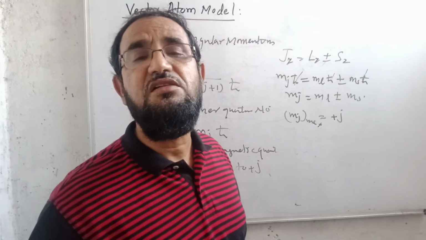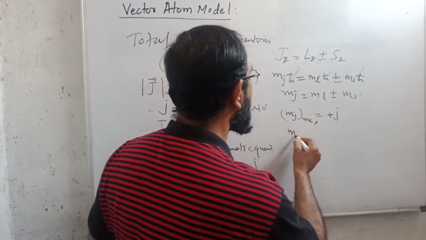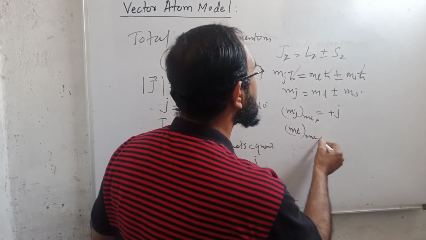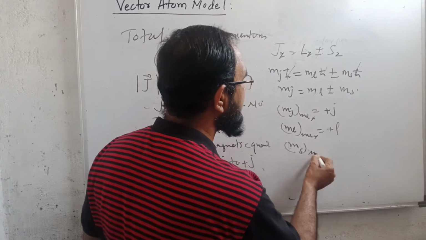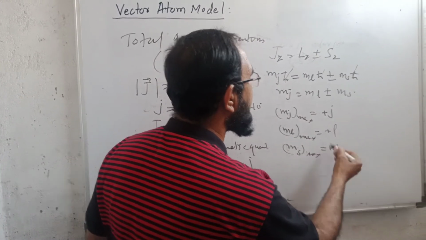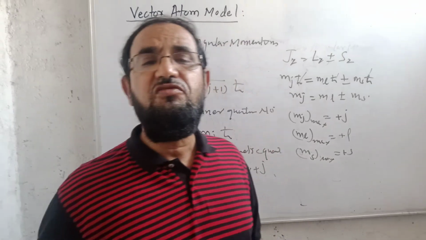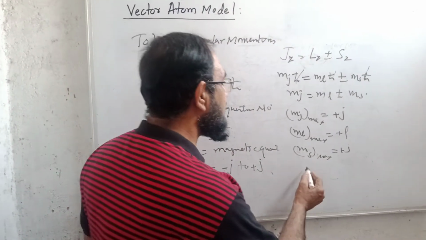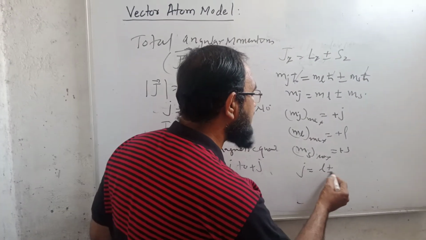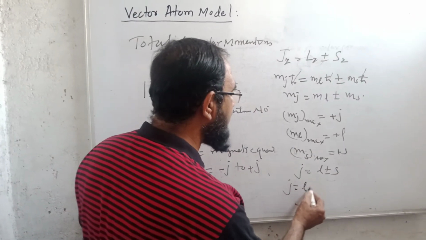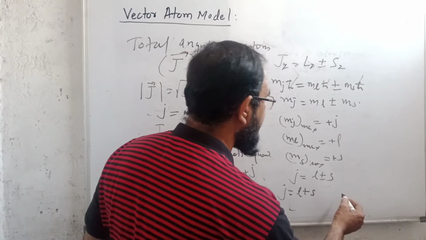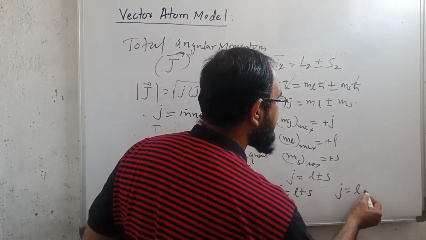The maximum value of ml is plus l, and the maximum value of ms is plus s. Now we can say that j is equal to l plus minus s, that is, j is equal to l plus s and j is equal to l minus s.